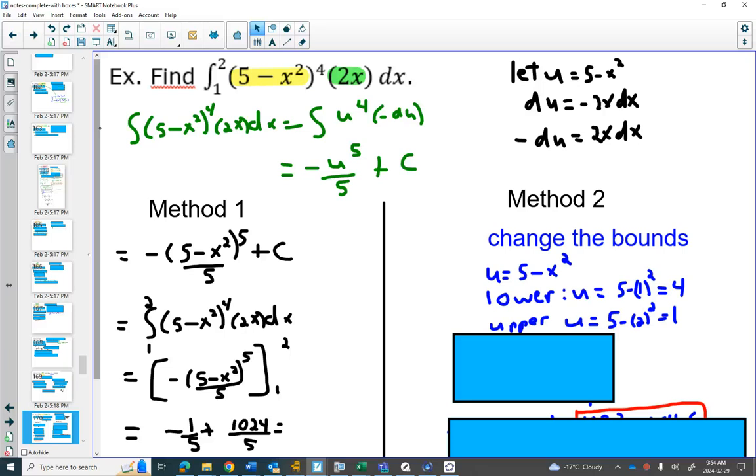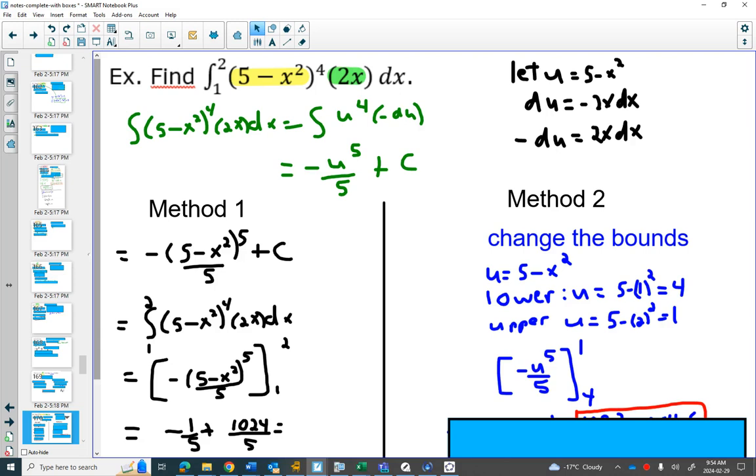And so not only can we substitute in for u, we can also say that our integral, and maybe I'll write it here as a before step, is the integral from 4 to 1 of negative u to the 4 du.